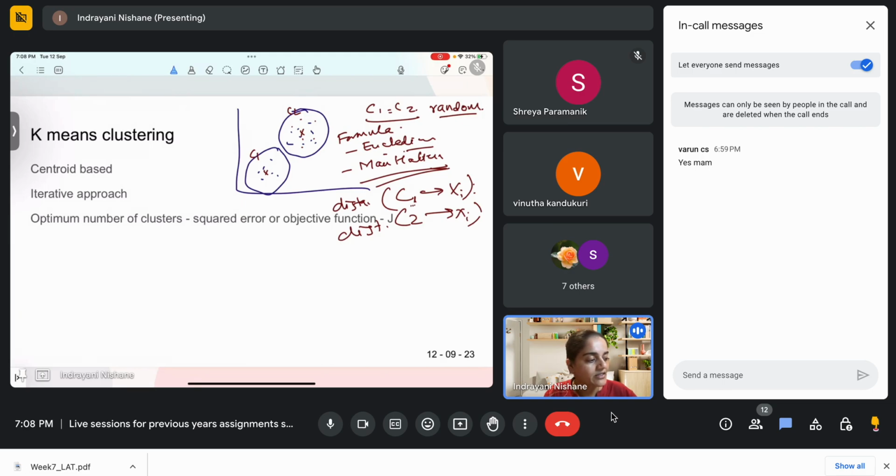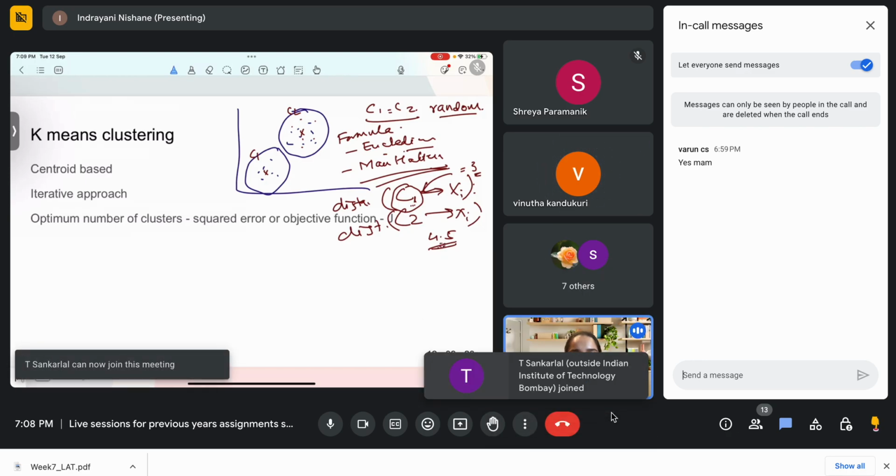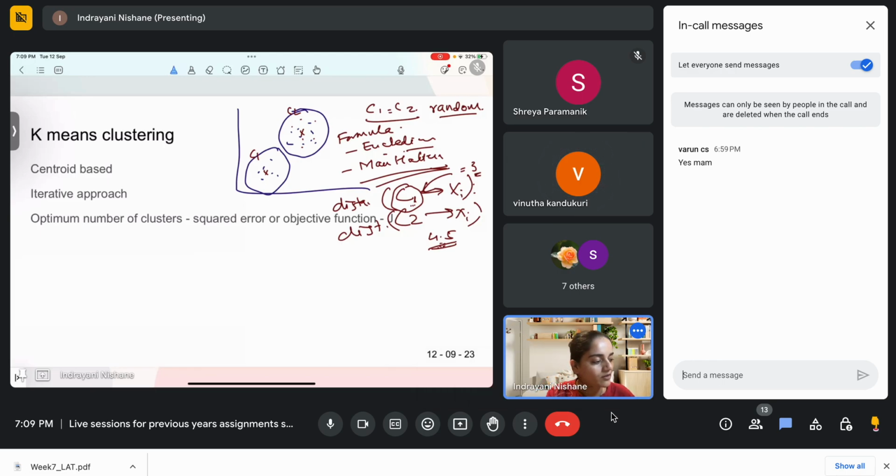So for example, from C1 the distance of xi is 3, and from C2 the distance of xi is 4.5. So we will assign xi to cluster 1, or C1, because 3 is lesser than 4.5, right? So the data point will belong to the cluster with the closest centroid.